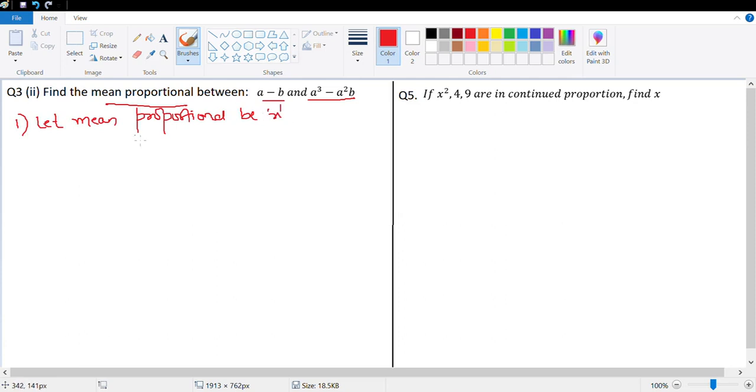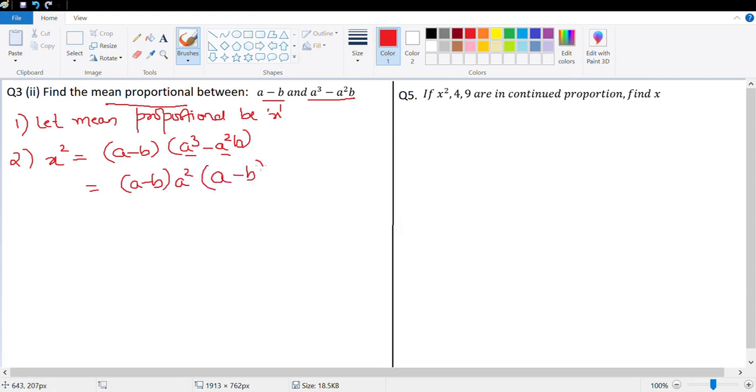So what we have is x square should be equal to a minus b multiplied with a cube minus a square b. Between these two terms, I notice a square is common. So let's take a square common. What remains is a minus b. So this is equal to a square multiplied with a minus b whole square.